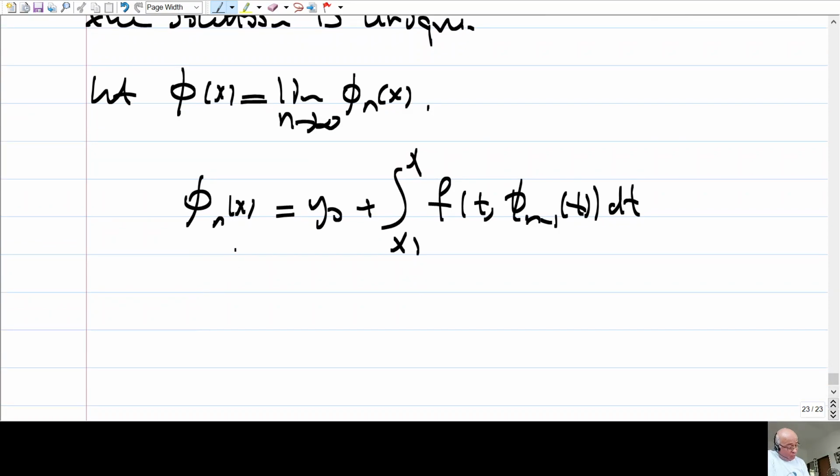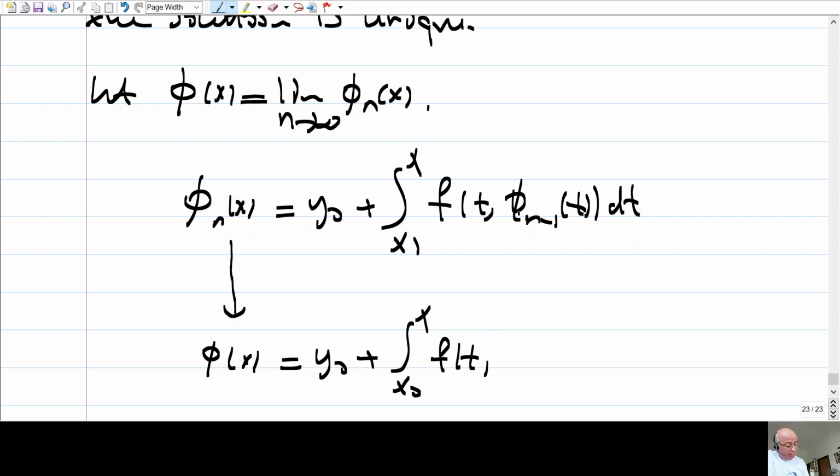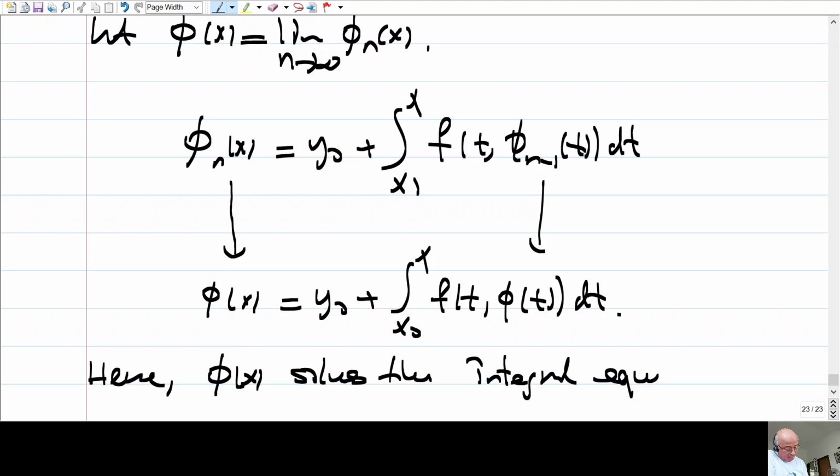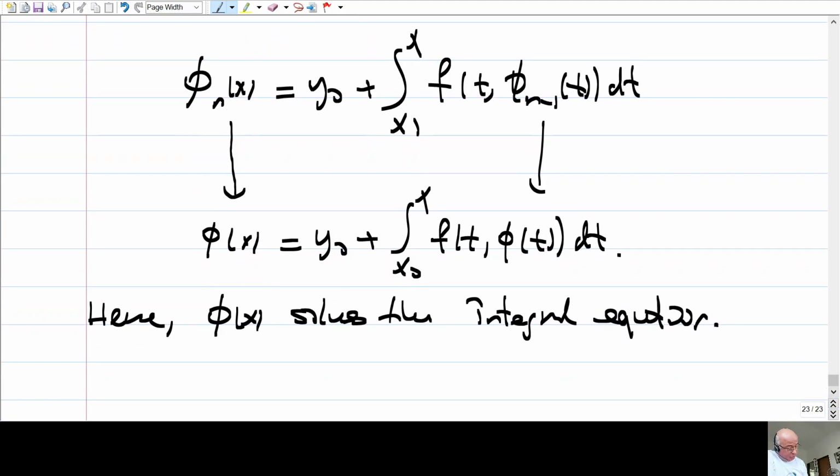You take the limit as n goes to infinity, this goes to phi of x, and then I have the integral from x0 to x, and the limit of phi n minus 1 will also converge to phi of t dt. Hence phi of x solves the integral equation.